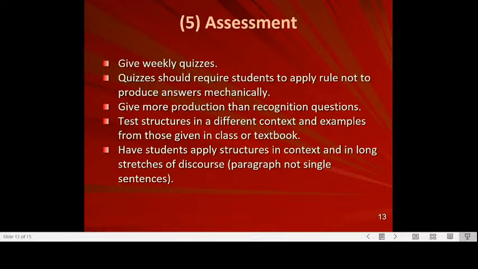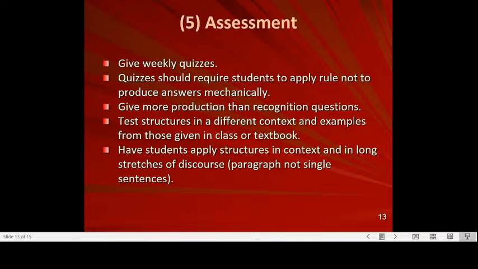Now, the last stage is assessment. Give weekly quizzes to find out whether the students have mastered the structure under study or if there are still certain weaknesses and certain aspects that have not been mastered. Quizzes should require students to apply rules, not to produce answers mechanically.